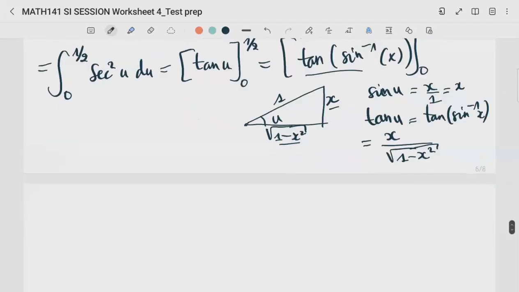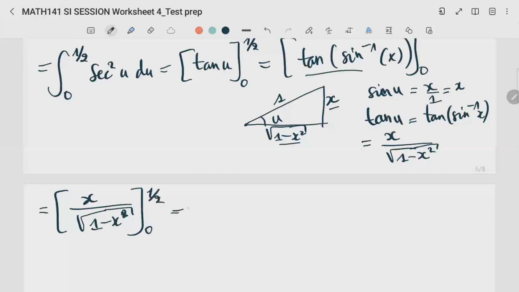So that means our integral is equal to x over the square root of 1 minus x squared evaluated between 0 and half, which is equal to half over the square root of 1 minus half squared, which is 1 minus 1 over 4, which is 3 over 4, minus basically 0, right?